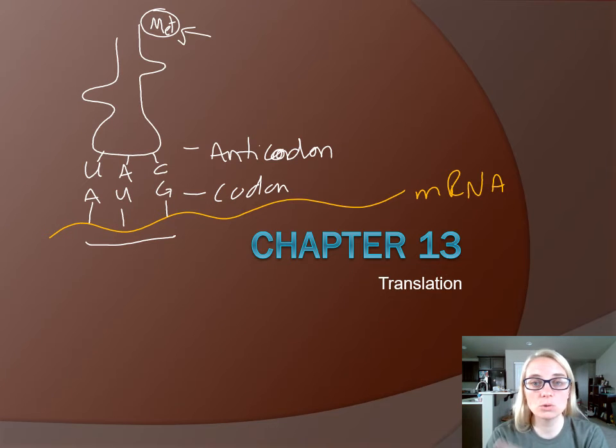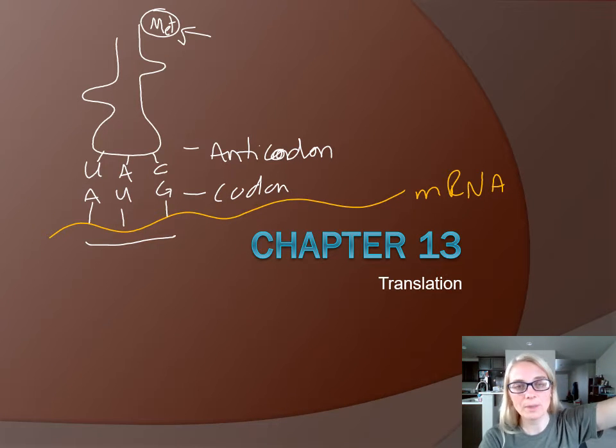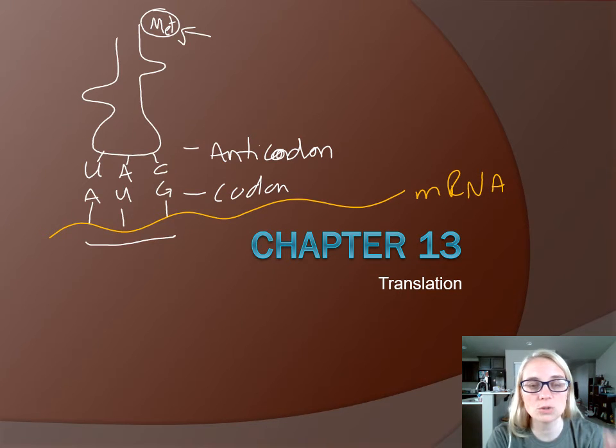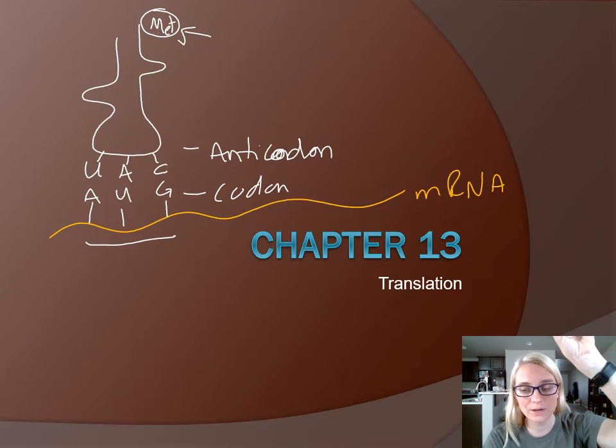Now, these are reusable. When this tRNA comes in and brings the correct amino acid, it's going to drop off the amino acid and then go back into the cytoplasm and get recharged to have the correct amino acid. So once it drops off this methionine, my empty tRNA for methionine, that UAC, will go back into the cytoplasm.